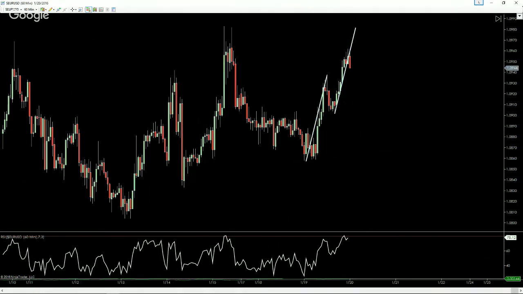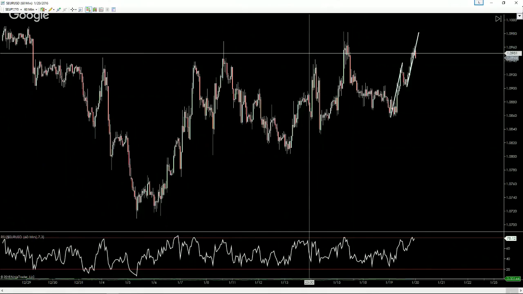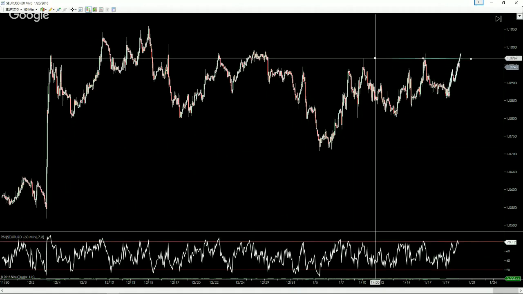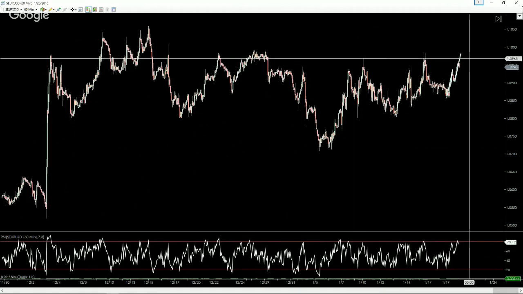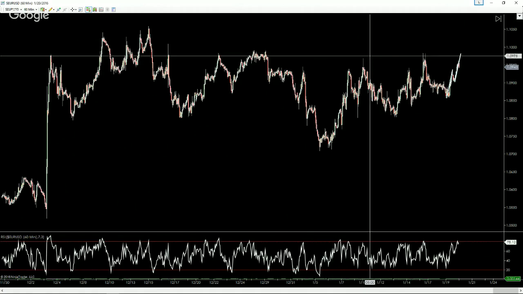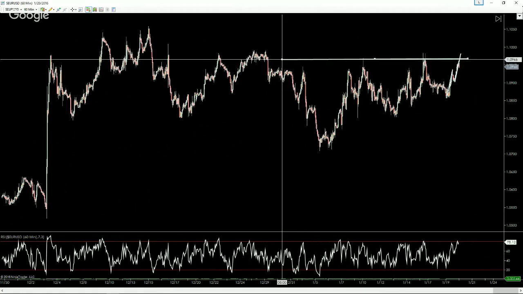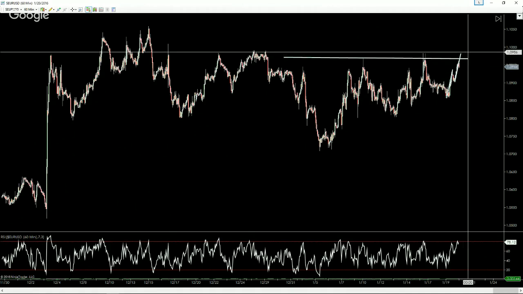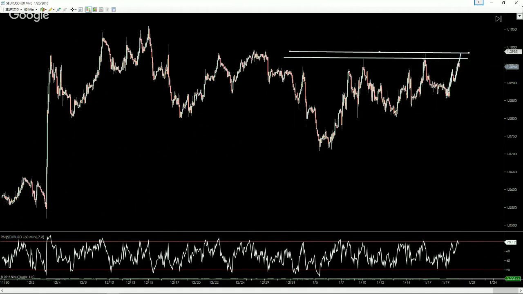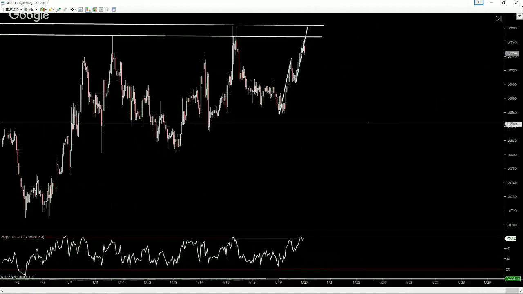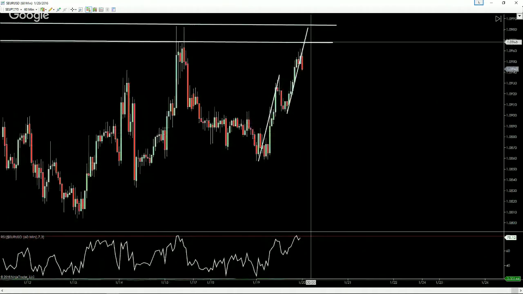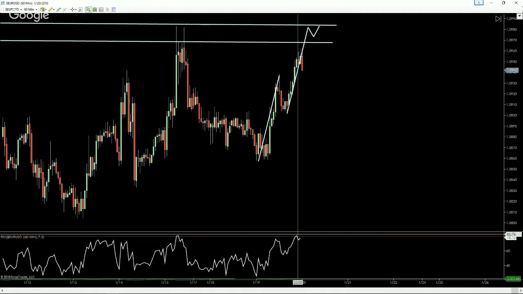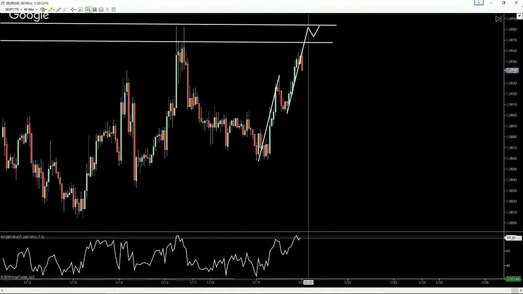So if price goes up to that zone that we identified, what I'll be waiting for is a double top right here and an RSI divergence right here.